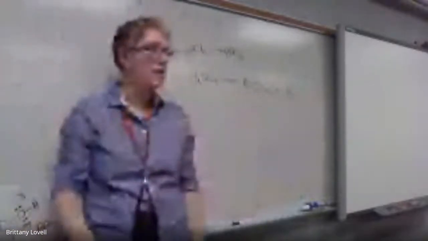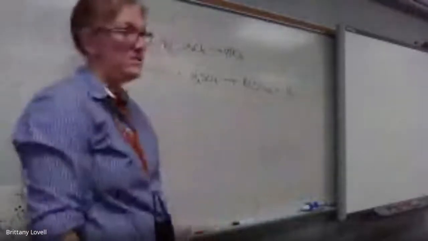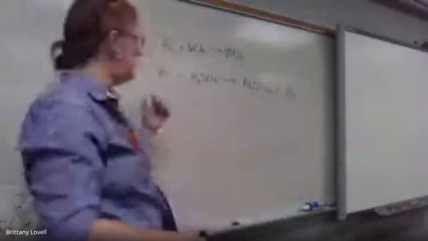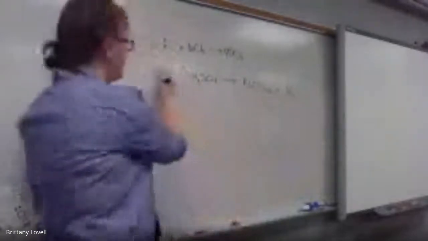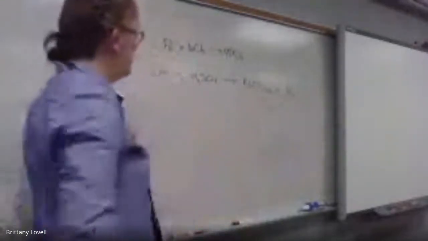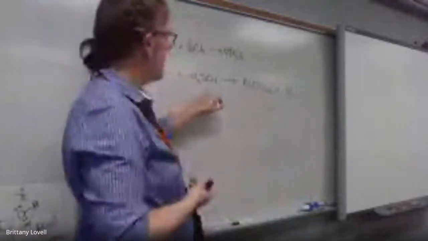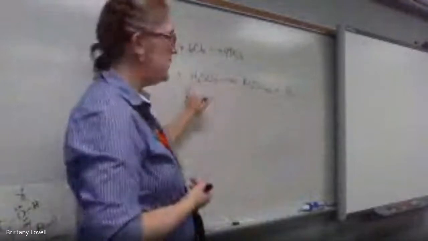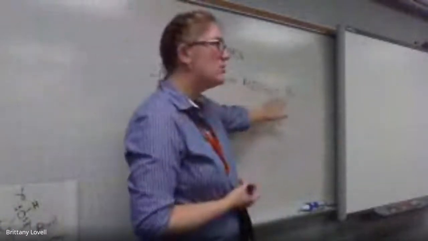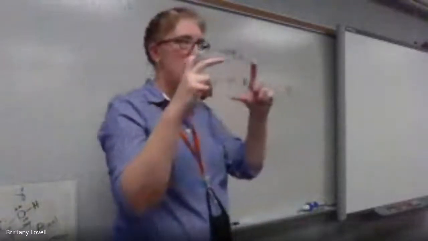I would start with my aluminums and do those first. You may have to go back and fix some stuff, but I have 1 here, 2 here, so I'm gonna do 2 there. I skip the H's, I save those till last, but because I have SO4 as a unit here, and I have SO4 here all still together, I would treat it as a whole chunk. I would treat SO4 as a whole unit.